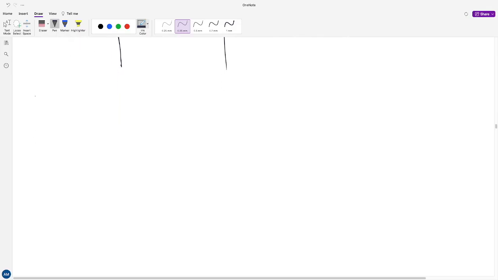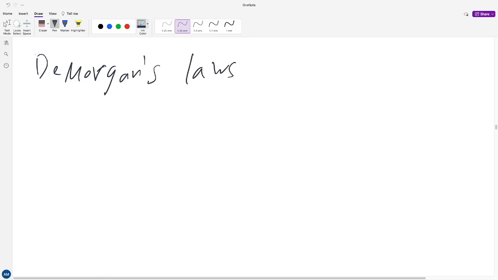Now I'm going to list out some more. These two in particular are very important. They're called De Morgan's laws. I hope I spelled that correctly. And those are these two logical equivalences right here.